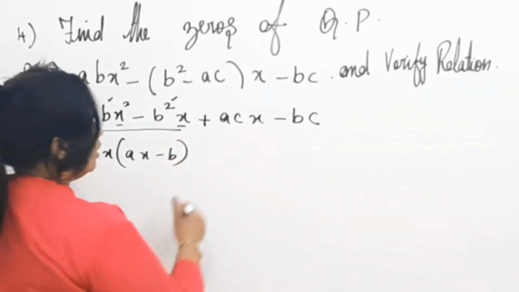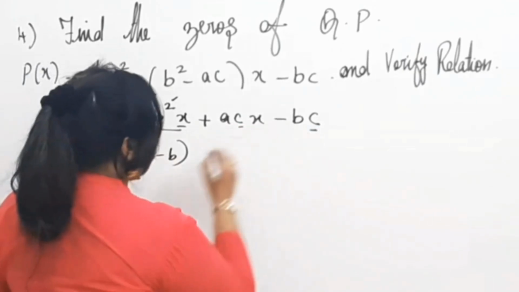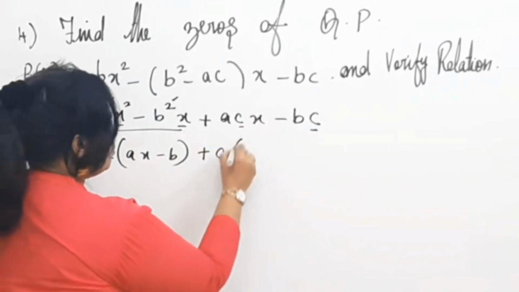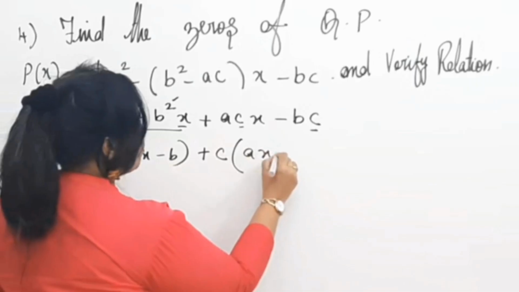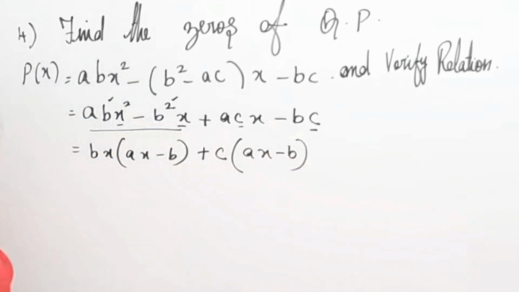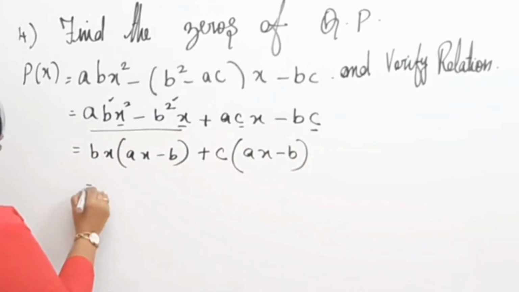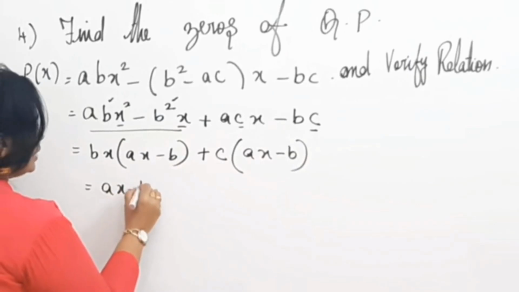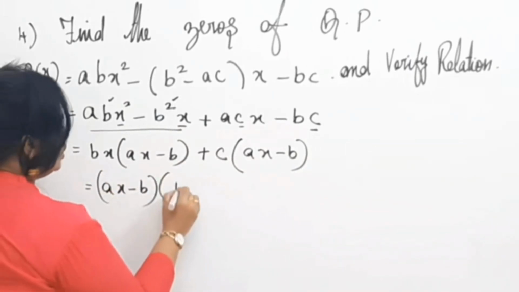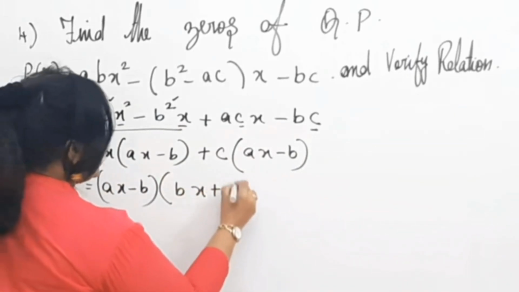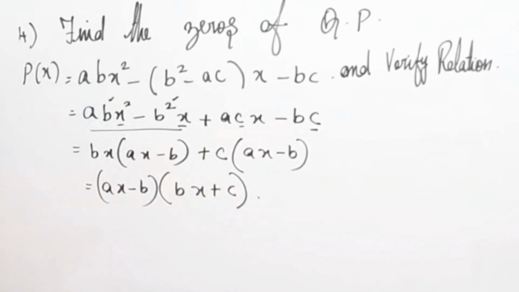Now here my c is common. So I will take c into ax minus b. I got my factors, which implies ax minus b is common. So I'm left with bx plus c. So this is my polynomial p of x.